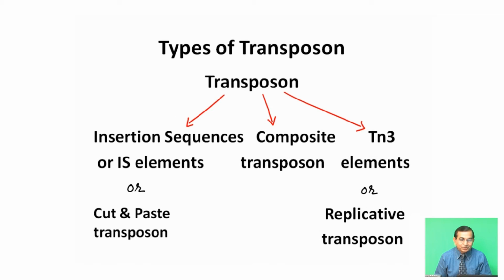Types of transposition: transposition is classified into three types: insertion sequences or IS elements, also called cut and paste transposition, composite transposition, and Tn3 elements or replicative transposition.